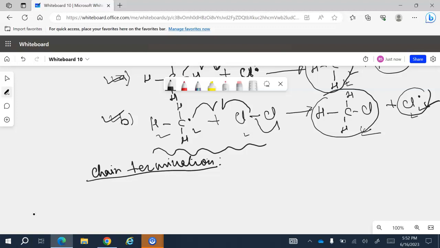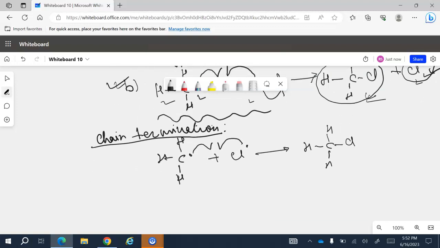One of the termination steps which is very useful is that the methyl radical generated in the propagation step may combine with chlorine radical. One electron from here, one electron from here can combine to give chloromethane as the product. It is a very useful termination step. You get the desired product.